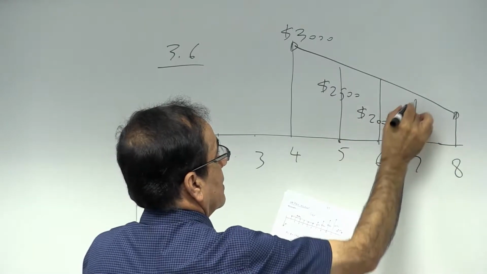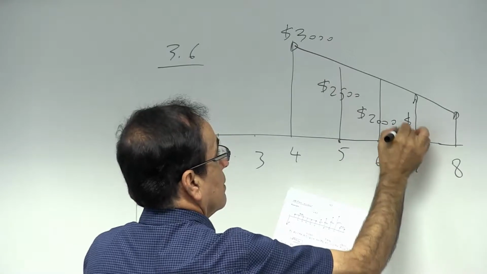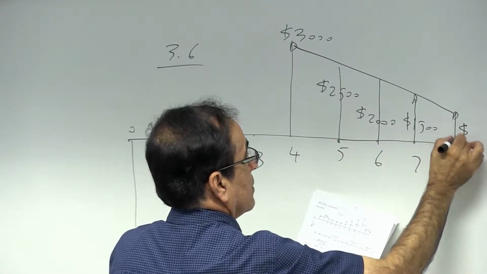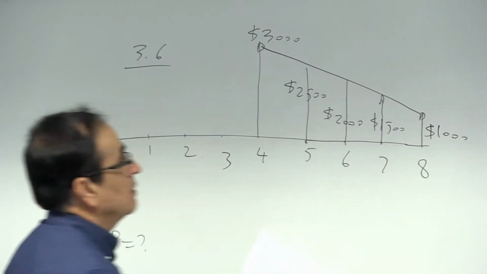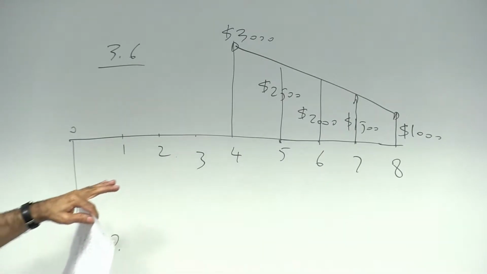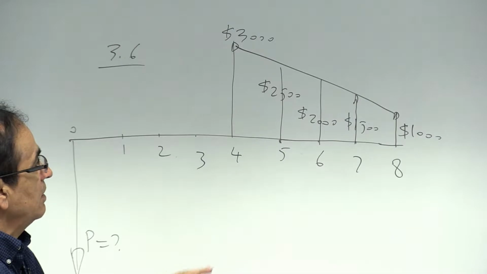Year 7 is going to be equal to 1,500. And the last one is year 8, 1,000. So you can see the difference between this example and the previous one: your gradient is decreasing rather than increasing, and also is shifted.